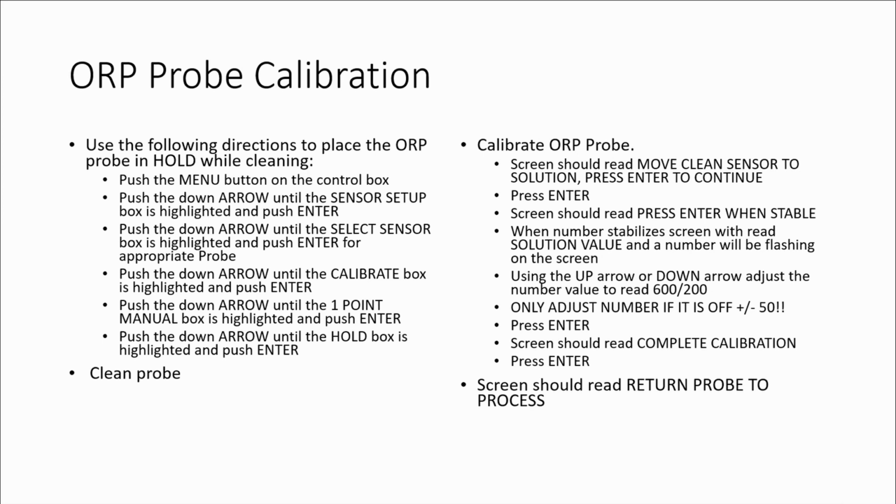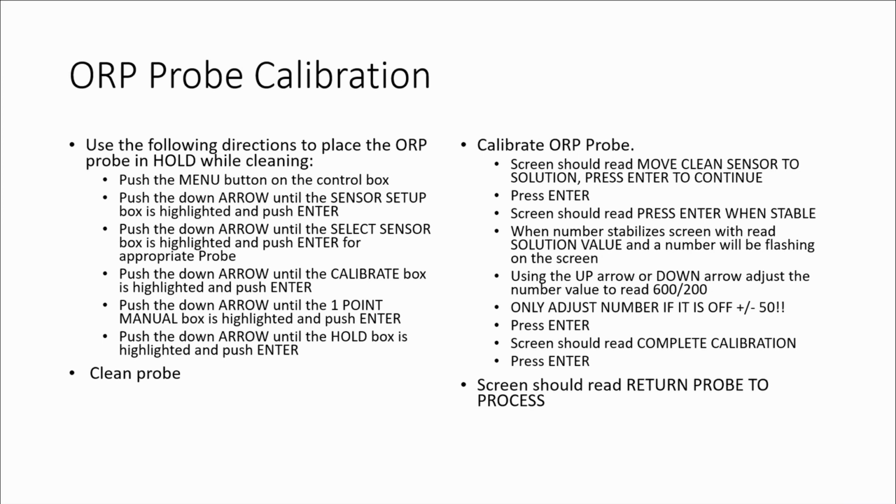Yeah. So basically, you go to the menu, push the arrow button down until you see sensor setup, push enter, arrow down, and you select the sensor. Like on our contact chamber, we've got 00, which is the head, and 01, which is middle. You select which one you're going to be working with.